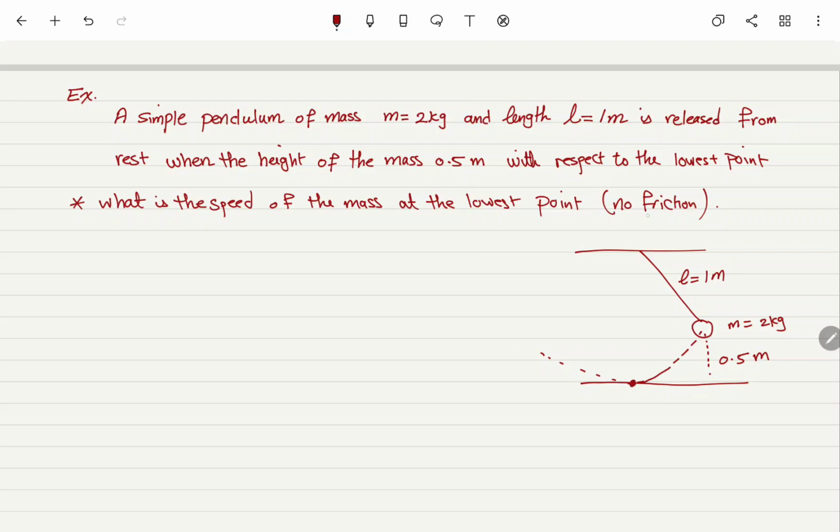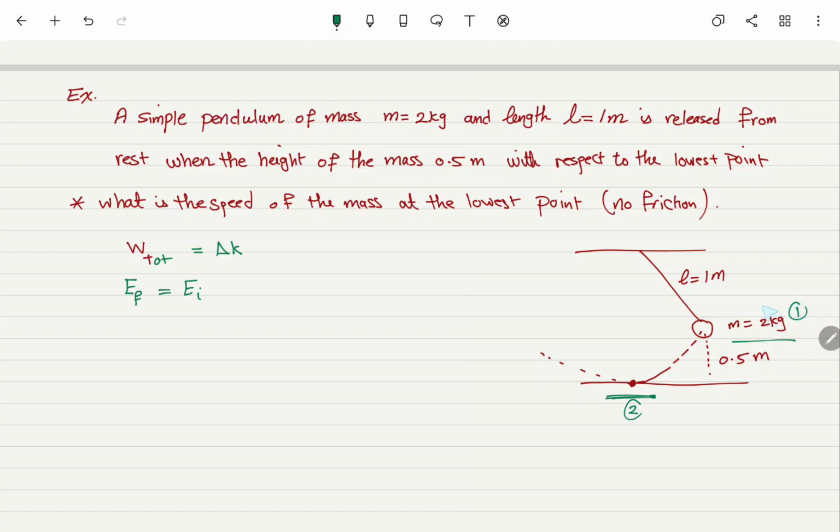Since there is no friction in this case, work total equal to delta K. No friction and no external force, so we can say that E final equal to E initial. The total mechanical energy at this position equal to the total mechanical energy at this position. Let's name this one 1 and this 2.